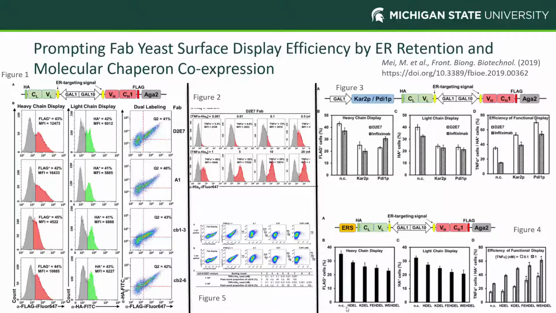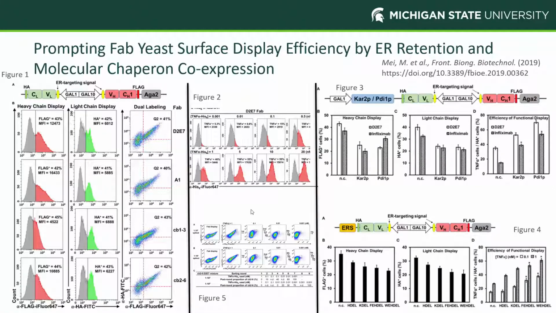And so this is increasing retention strength, and as we see with the molecular chaperones, as we increase retention time, we get an increase in display efficiency or functional efficiency, but we get a decrease in the total number of Fabs displayed.